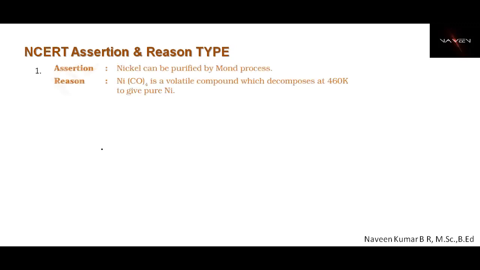So we'll analyze the statements first and then we'll look into the options. Now, if you consider the first question, the assertion statement is nickel can be purified by Mons process. We know that Mons process is used for refining of nickel. So hence assertion is a true statement. Ni(CO)4, which is formed as a complex.